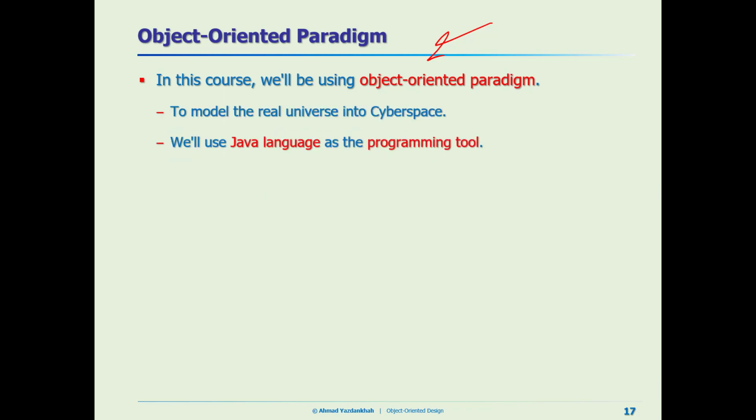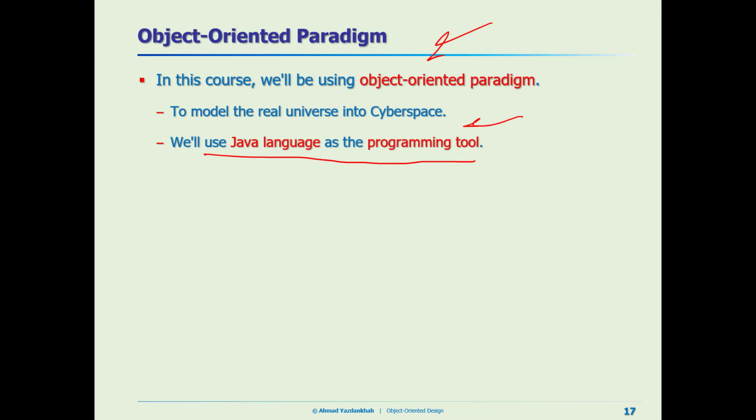So the object-oriented paradigm, of course, we will be using in this course, and its job is to model the universe, the real universe, into the cyberspace as we learned so far. And we will be using the Java language in this course as our programming tool. All right.